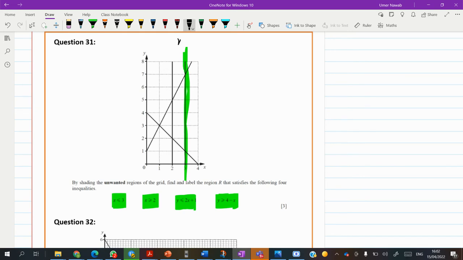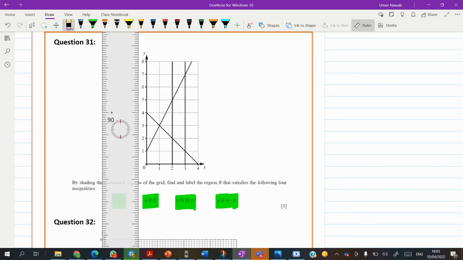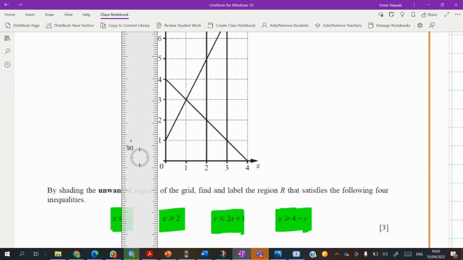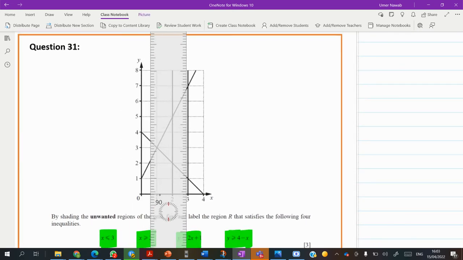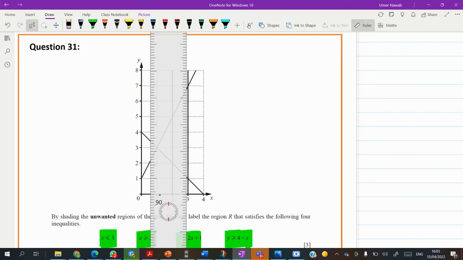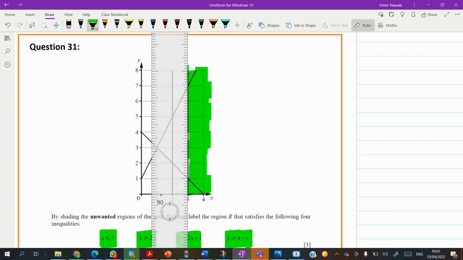Less than means the left hand portion is wanted, the right hand portion is unwanted. So I'm gonna shade the unwanted portion. So the unwanted portion is shaded.